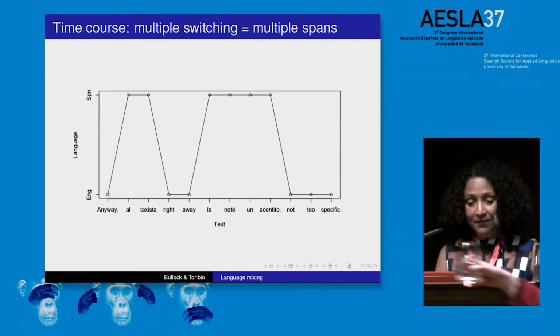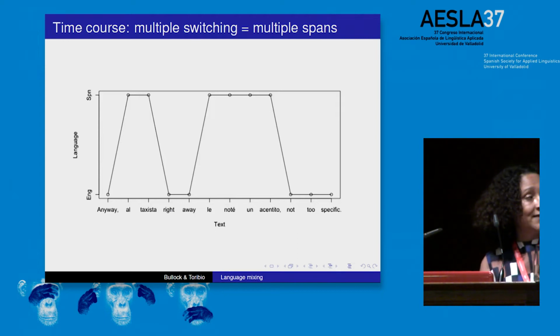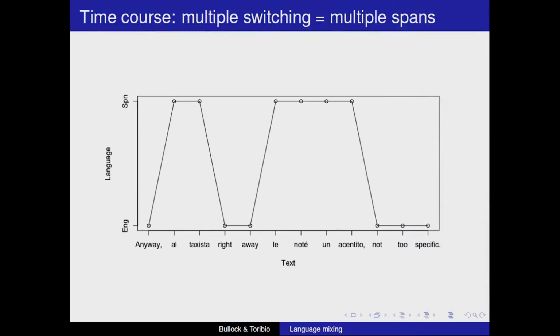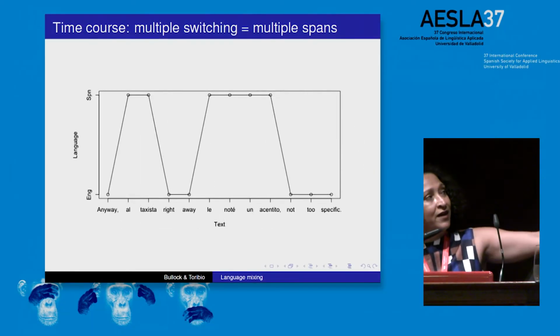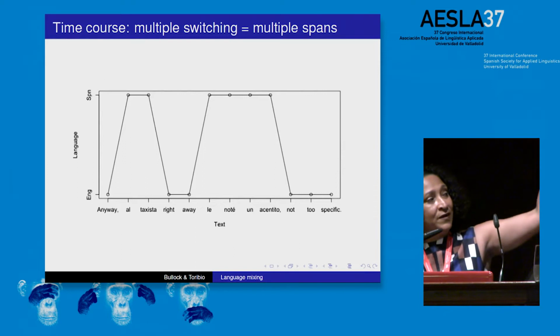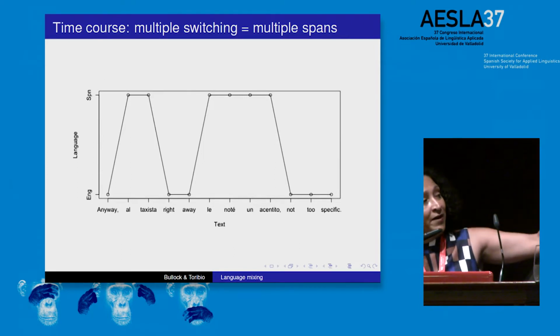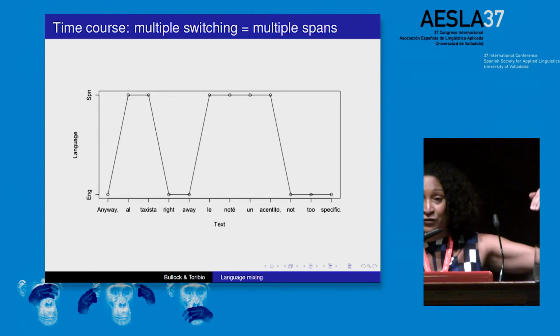Okay? All right, you can visualize this here. What you see at the top here for the first sentence, you can see that you have the English word, and then you move up to a Spanish span for 2 words, and then you come back to an English span for 2 words.